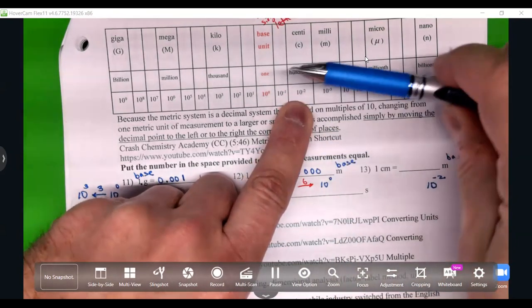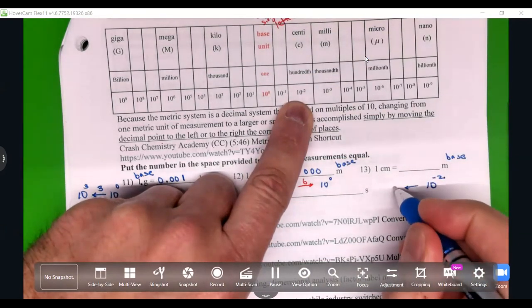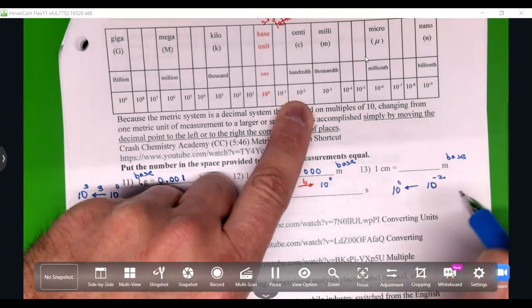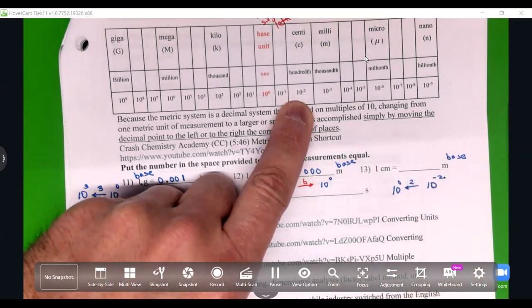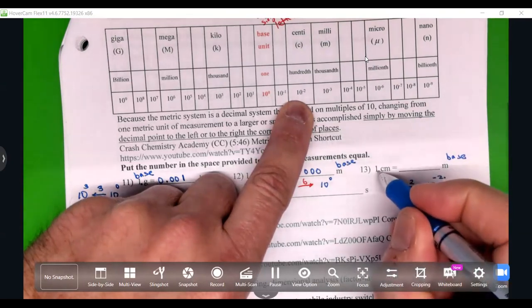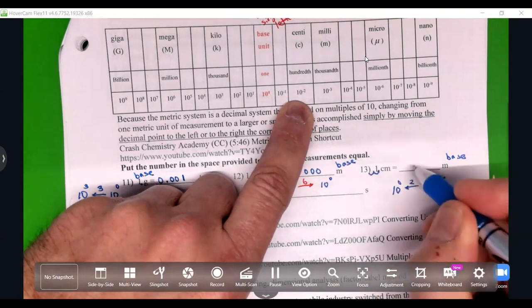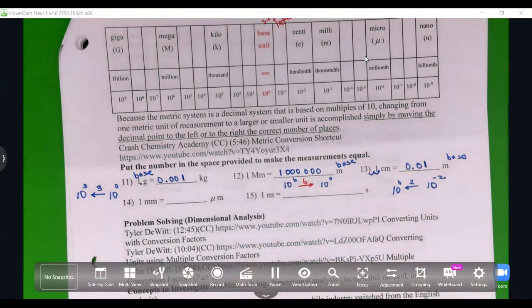To get to my base, I've got to go left to 10 to the 0. And you're just looking at the absolute value here. I need to go to the left 2. So my 1 centimeter left 2 is 0.01 meters for 1 centimeter.